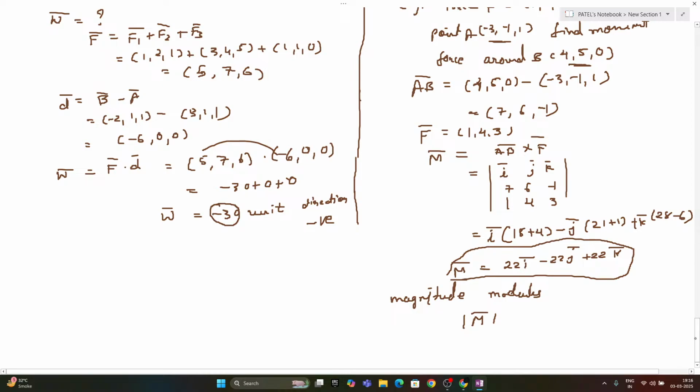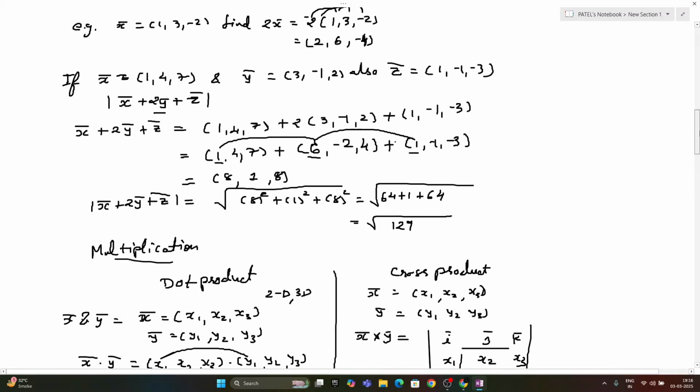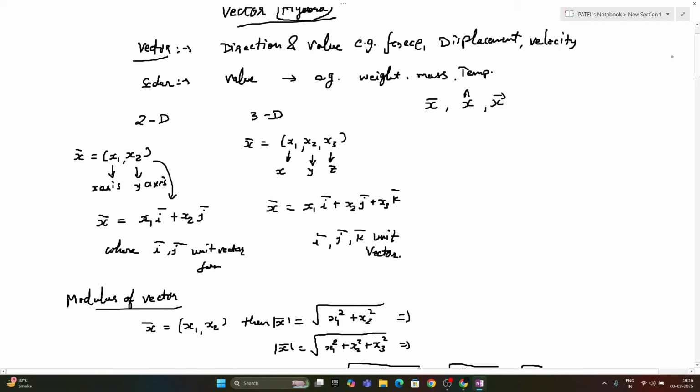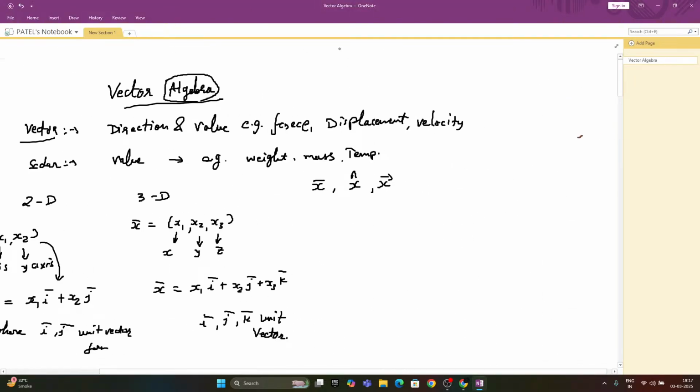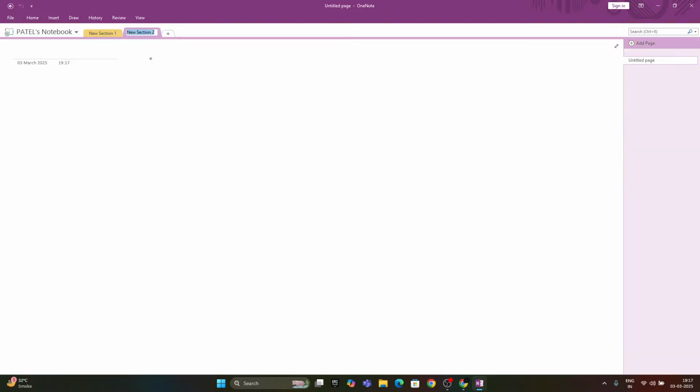Okay. Now we are going for the second chapter. Means according to our order it is first. So, determinant and matrices.